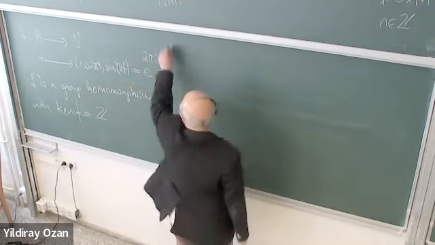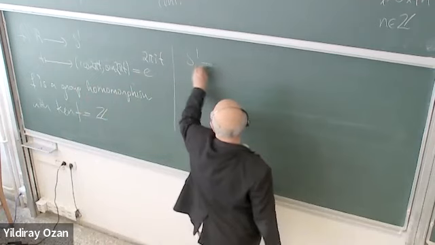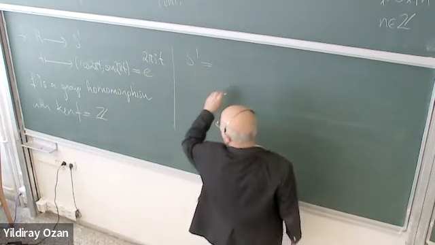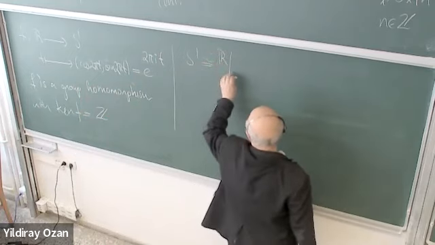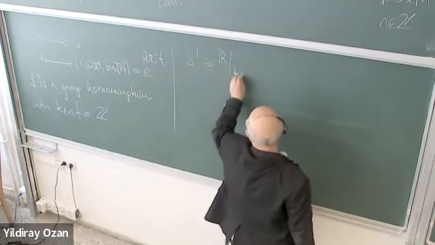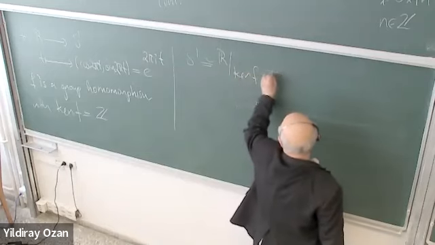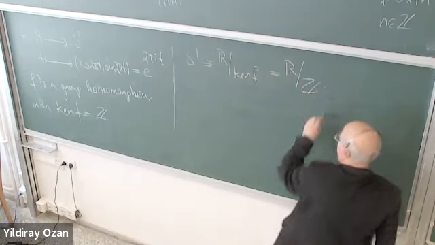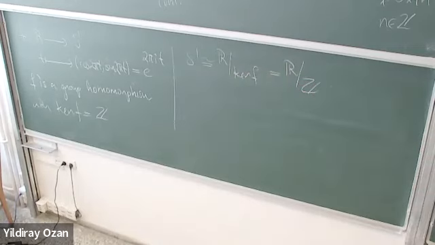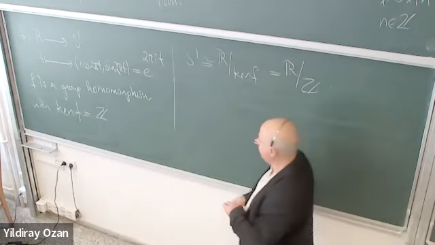Therefore, S1 as a group is isomorphic to, right, R divided by kernel F. So it is just R divided by Z. Okay. So it's a quotient both algebraically and topologically.